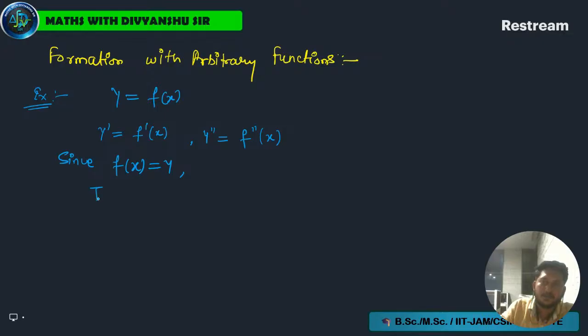If the function f is not specified, we often end with a relation like y double dash equal to f double dash x. But to eliminate f, additional conditions are needed for pure elimination.